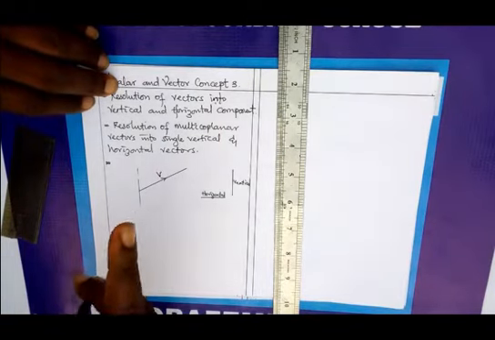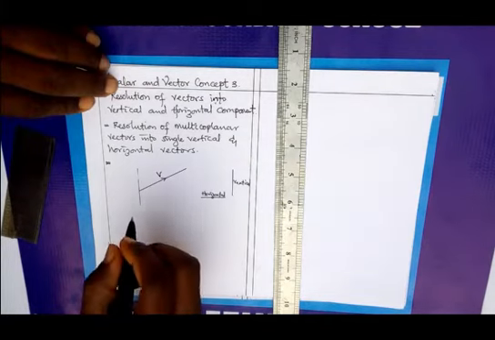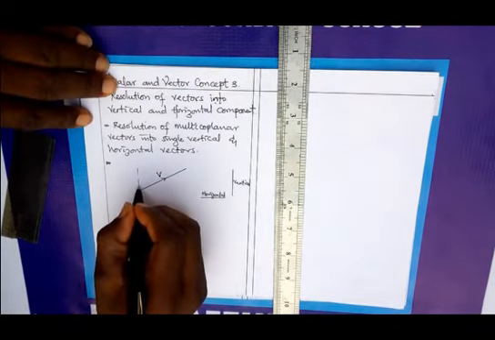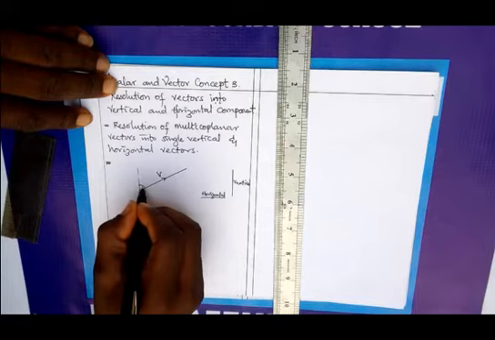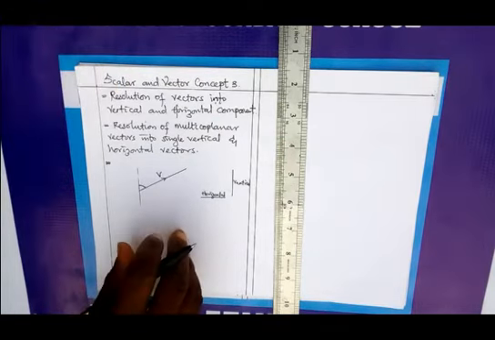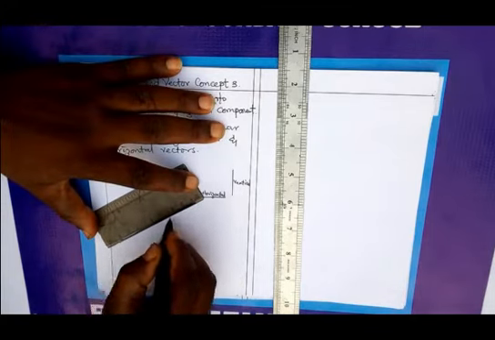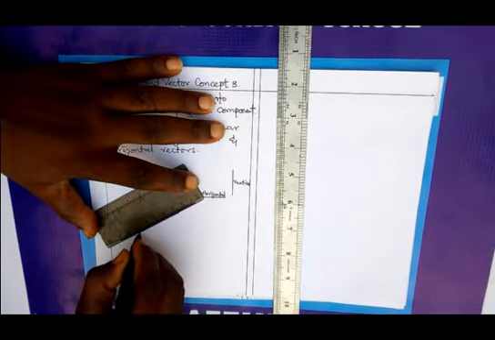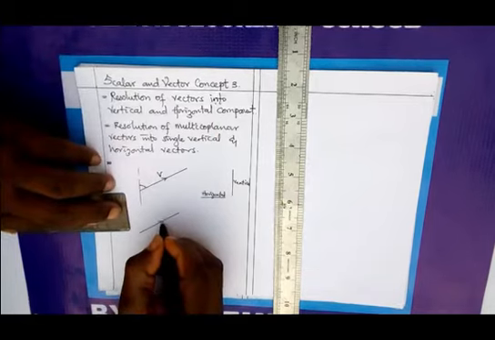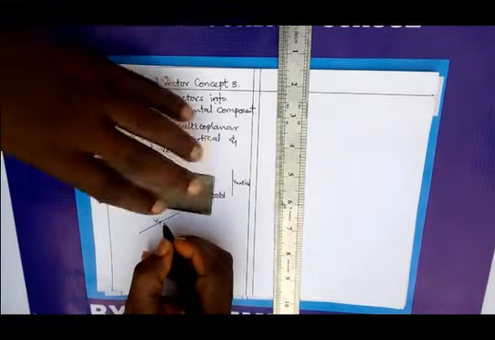So there are approaches to solving it. You will be given either the angle which it makes with the vertical, or the angle which it makes with the horizontal. That is case number 2, when you are given the angle which this vector v makes with the horizontal.